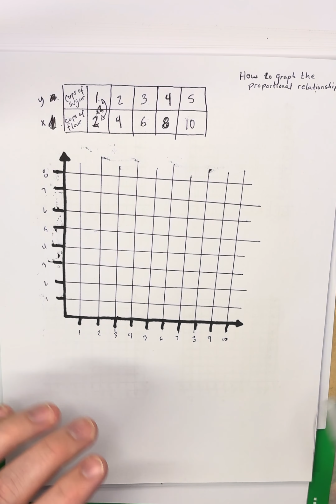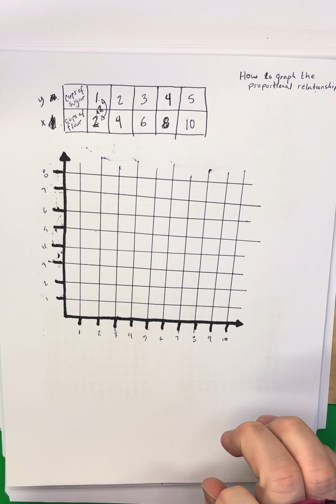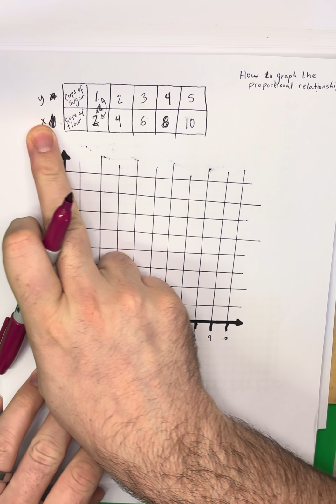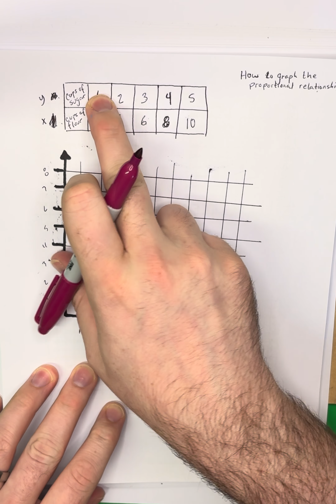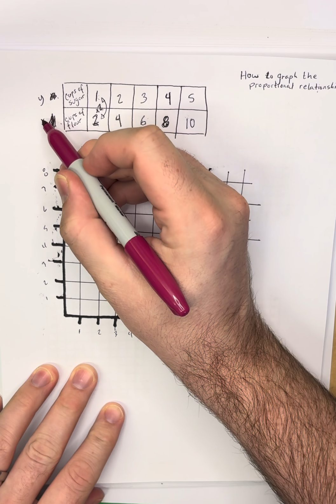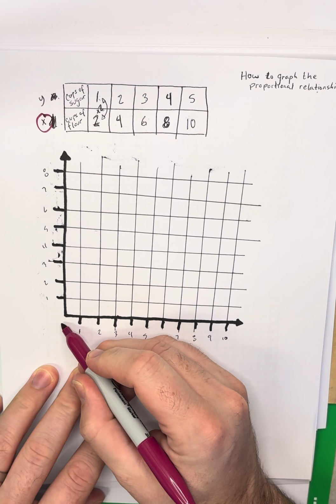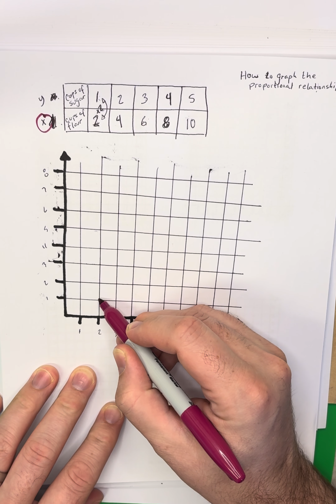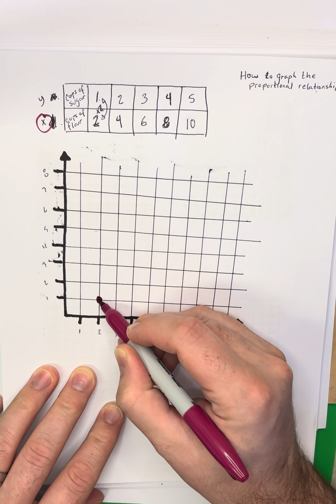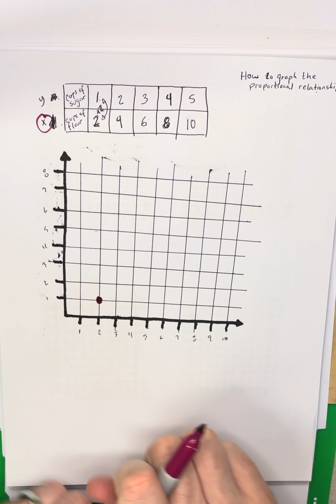All right, so let's look at this data right here. My first point is 2, 1. 2 is my X value, and then 1. First point, let's use a brighter color.